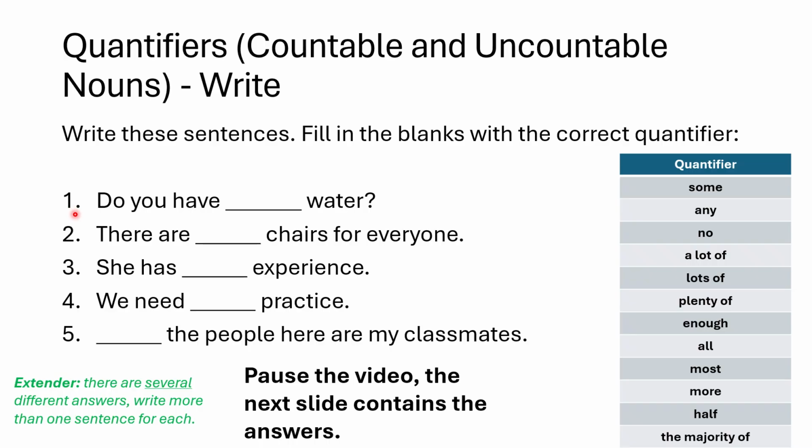Number 1. Do you have ___ water? 2. There are ___ chairs for everyone. 3. She has ___ experience. 4. We need ___ practice. 5. ___ the people here are my classmates.